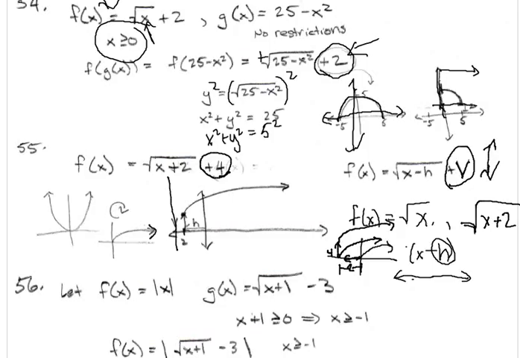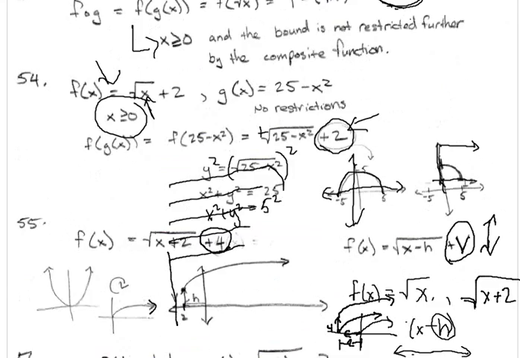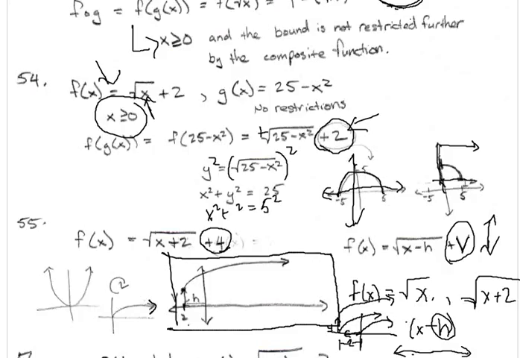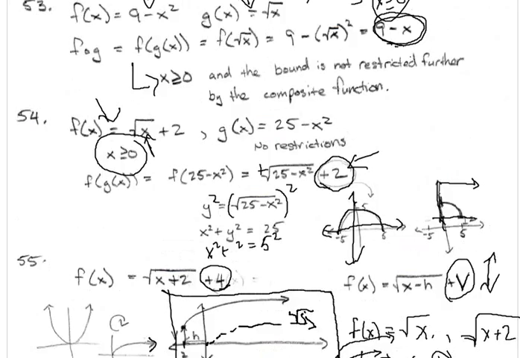I show you that right here. We have this function, square root of x, shifted to the left 2 units and up 4 units, giving us this.